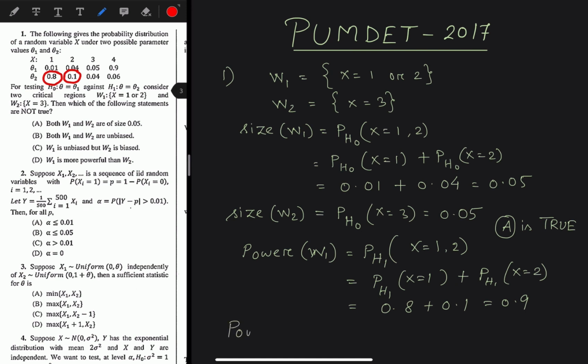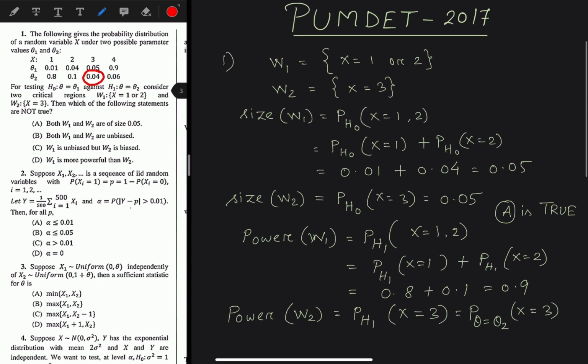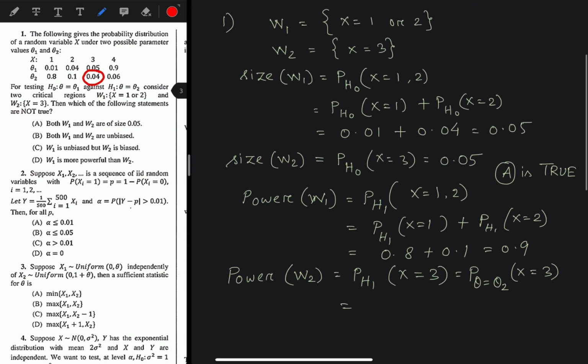And the power of W2 will be the probability under H1, x equal to 3, which is the probability under theta equal to theta 2, x equal to 3. From the table, if theta equal to theta 2, x equal to 3 is 0.04. So 0.04 is the power of W2.